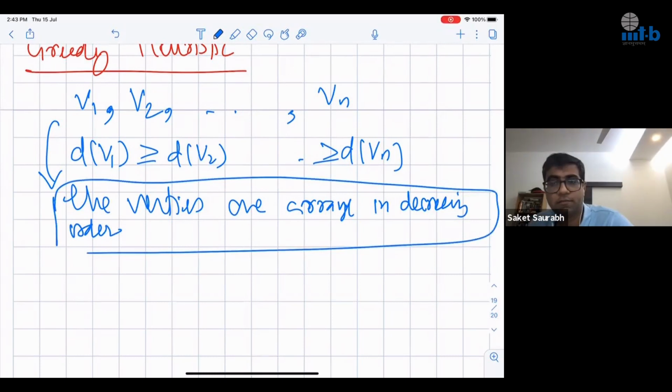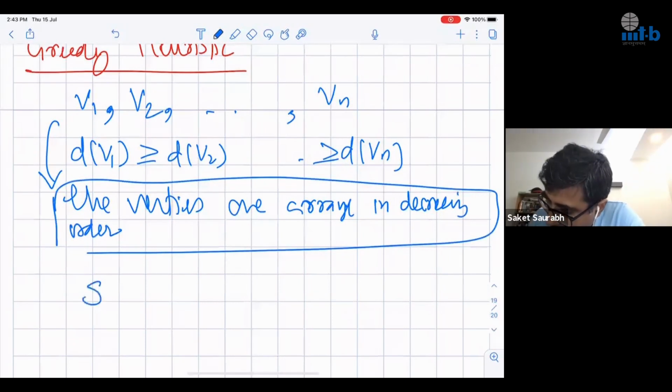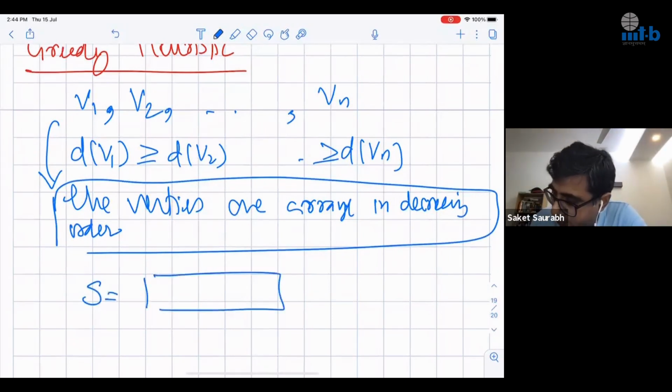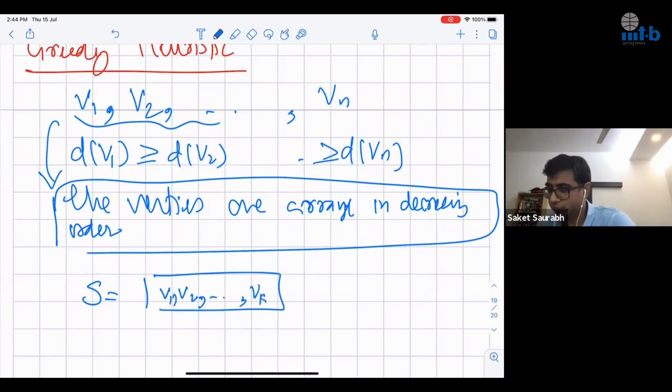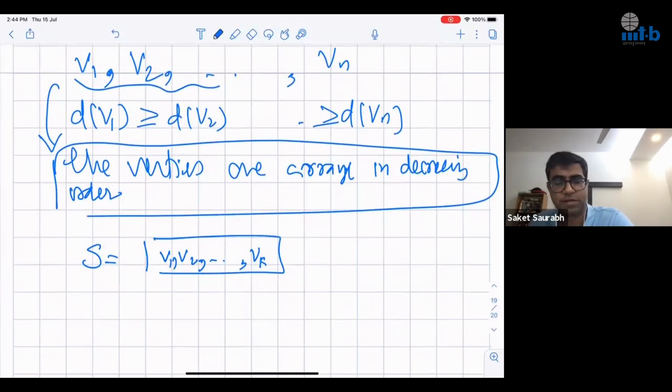Do you agree? And now let's take S as the first k vertices, V1, V2, up to Vk. Do you agree this is one of the good heuristics? You take the top k vertices of highest degree. Do you understand?